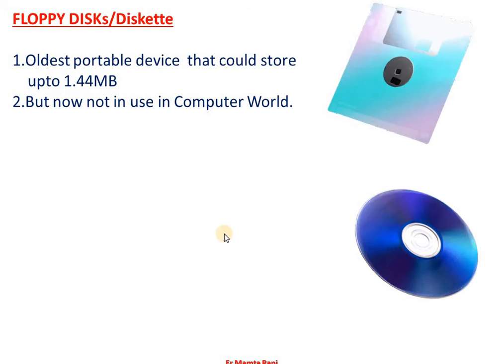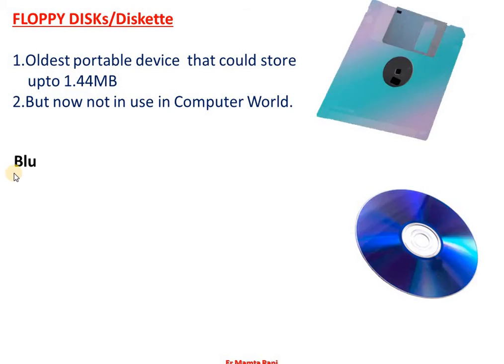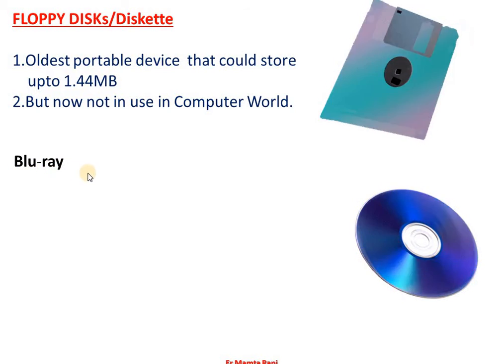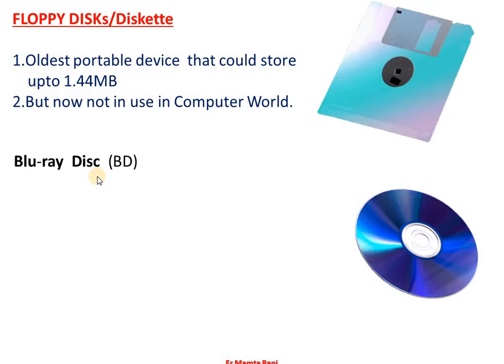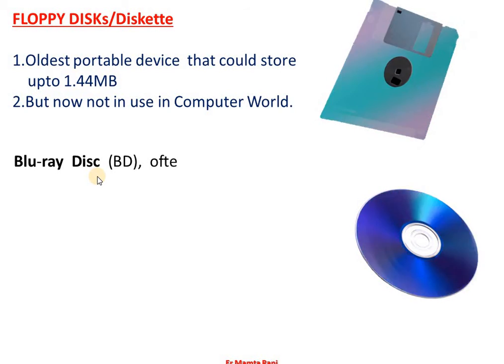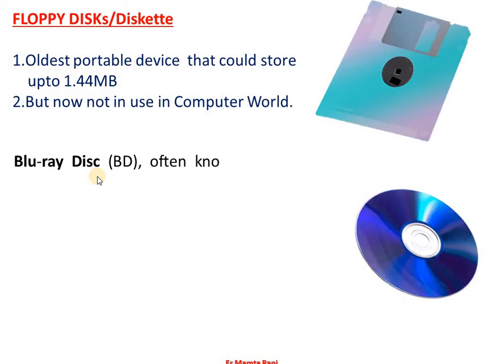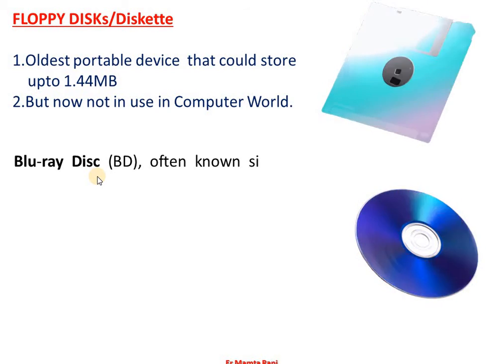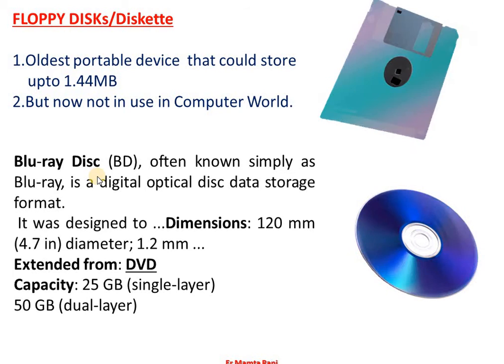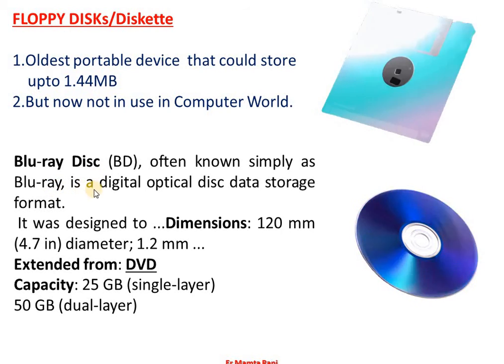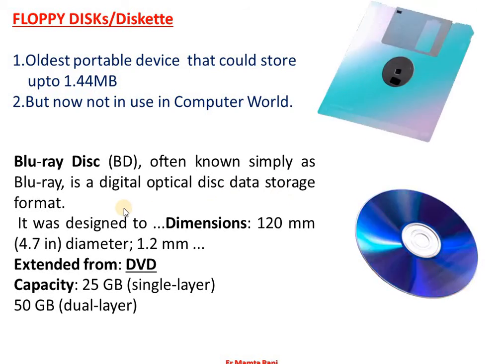It looks like this. Next we have Blu-ray disc. Blu-ray disc is a high capacity disc, also known as BD, and always remember it is single layer as well as double layer, dual layer. So this is Blu-ray digital optical disc data storage format.